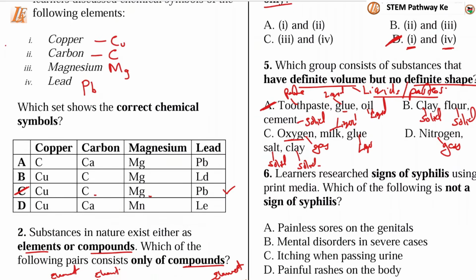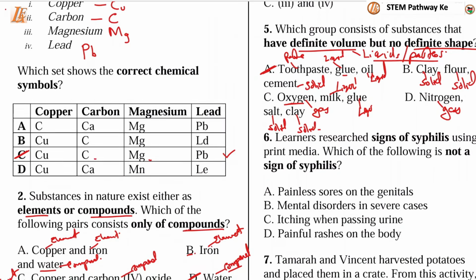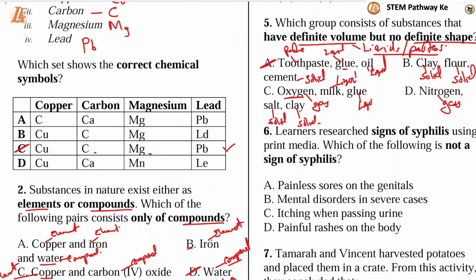Question 6. Learners researched signs of syphilis using print media. Which one of the following is not a sign of syphilis? Remember, syphilis is an STI, a sexually transmitted disease. A. Painless sores on the genitals. That one is correct.